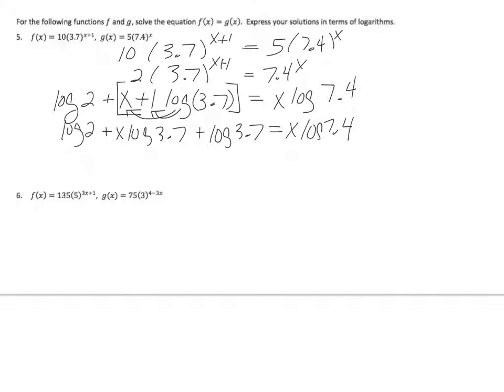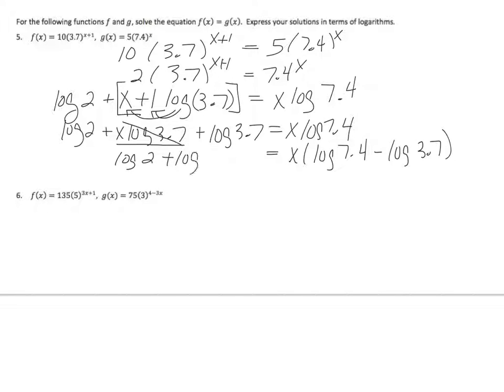Let's go ahead and move this to the right side of the equal sign and factor out an x. Do you see the step I just skipped there? I just moved that over and factored out my x. And on the left side, I have log 2 plus log 3.7.